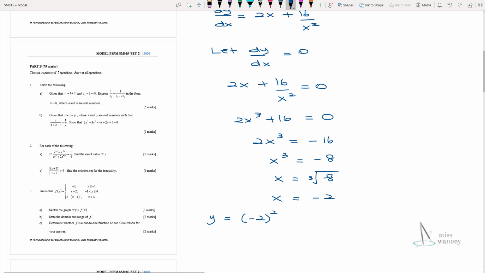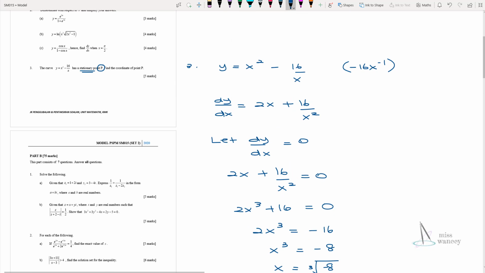So negative 2 squared is 4, negative 16 over negative 2 becomes positive 8. So this answer is actually 12. Therefore, P is negative 2, 12. So that is our stationary point, and we are done with part A. Congrats everyone. Let us go to part B.